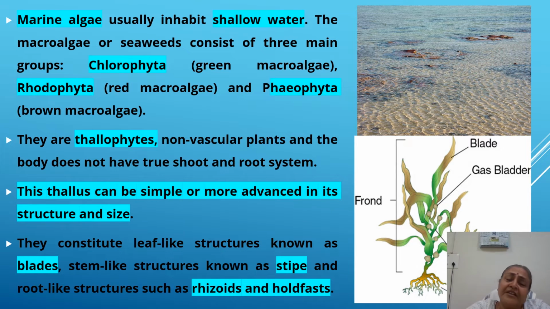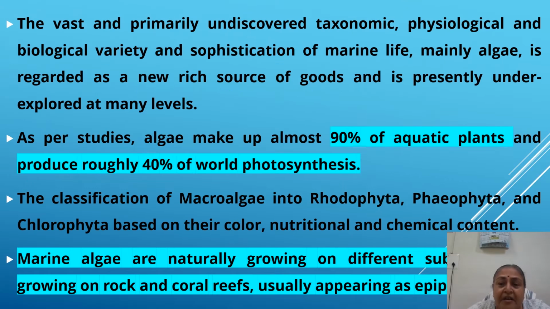So there is a great variation in the morphology of these algae in size, shape and structure. Now I can say that the vast and primarily undiscovered taxonomy, physiological and biological activity, and sophistication of marine life, mainly algae, is regarded as a new resource source of goods and is presently underexplored at many levels.